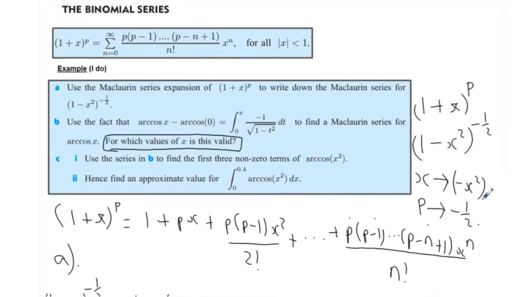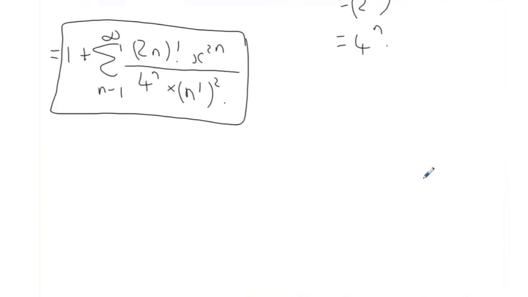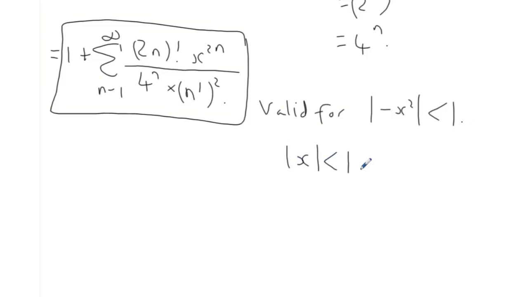So this is going to be the absolute value of minus x squared less than 1. So this is valid for the absolute value of minus x squared less than 1, which is exactly the same as before. The absolute value of x is less than 1.